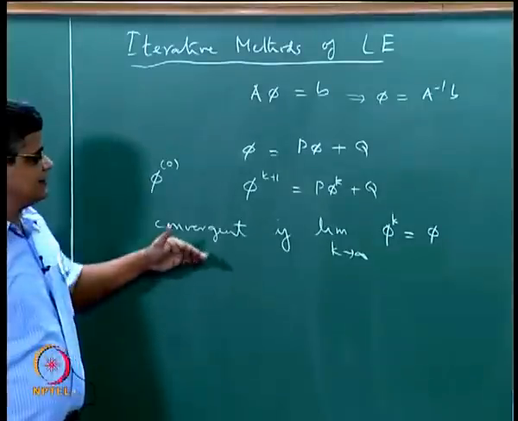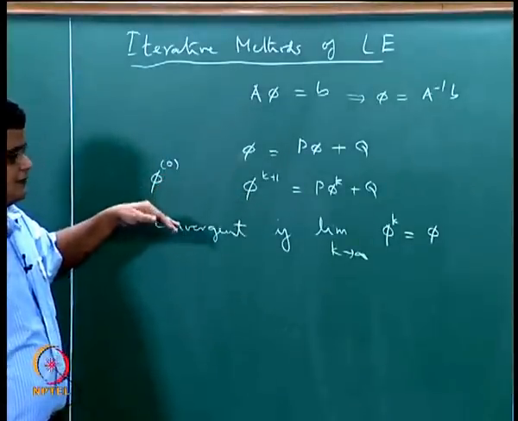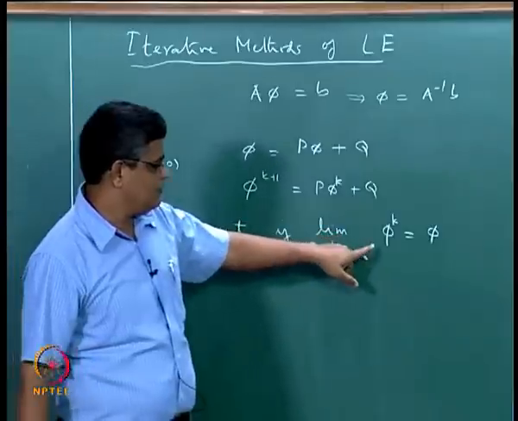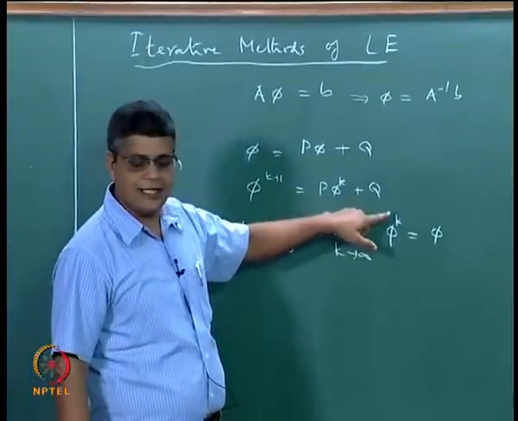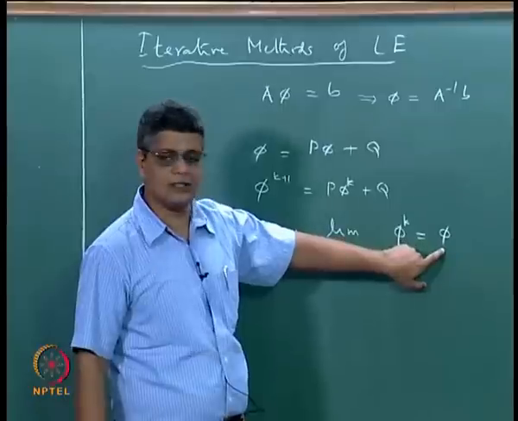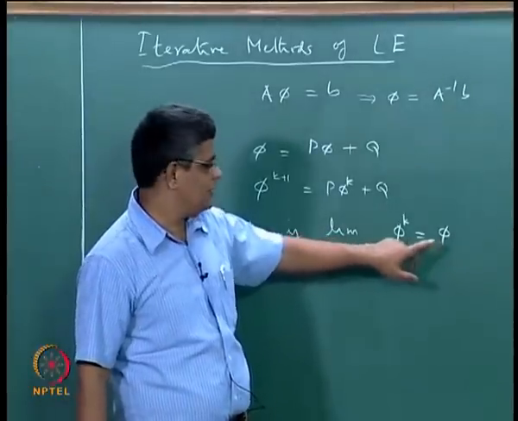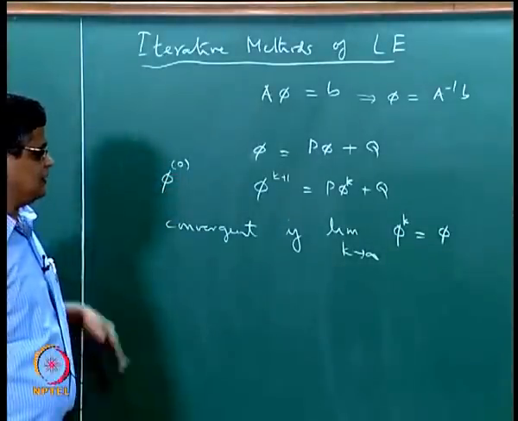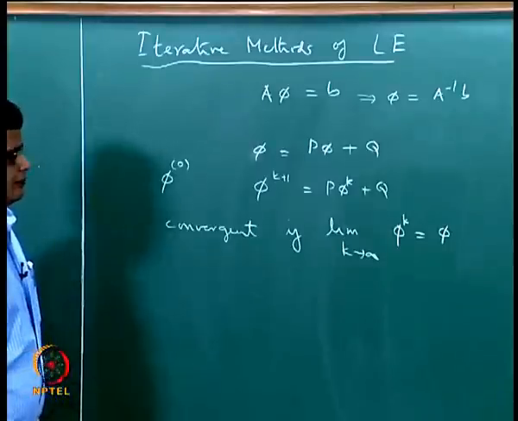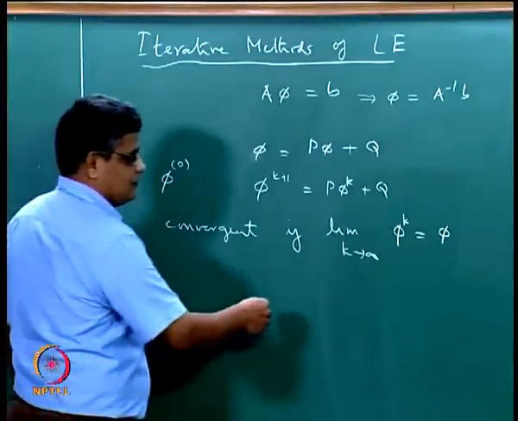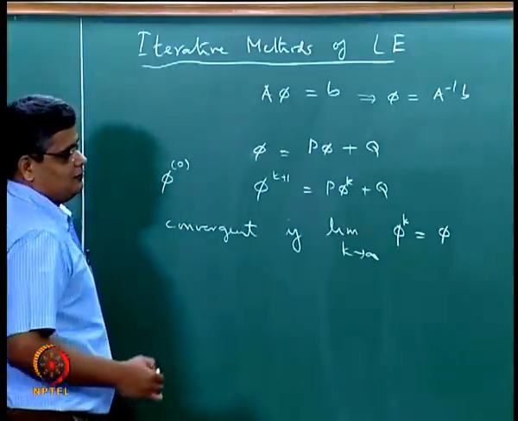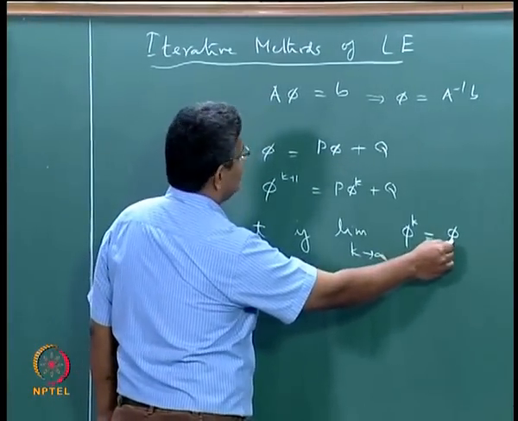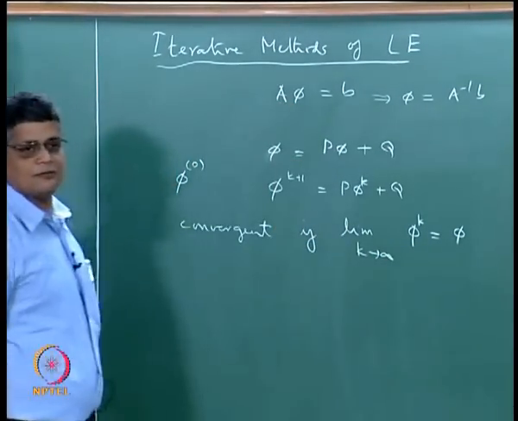That is, as the number of iterations increases, with more and more successive substitutions, if phi k tends towards a fixed set of values phi, then we say that this is a convergent scheme. And we hope, when the method is correct, that the converged value is the solution to the original equation.